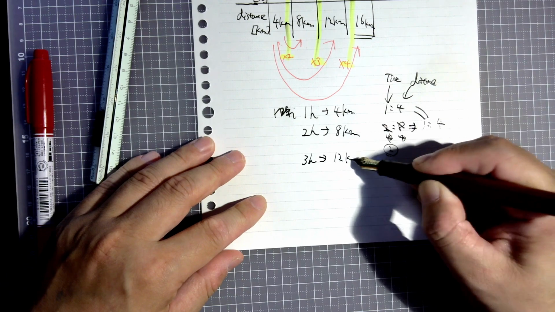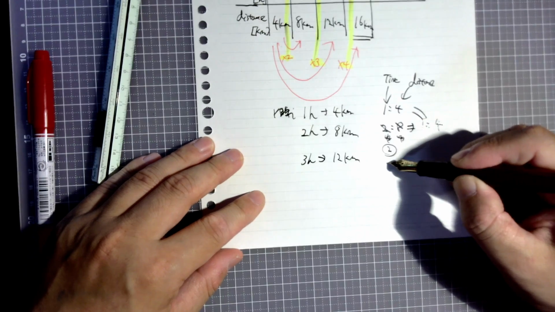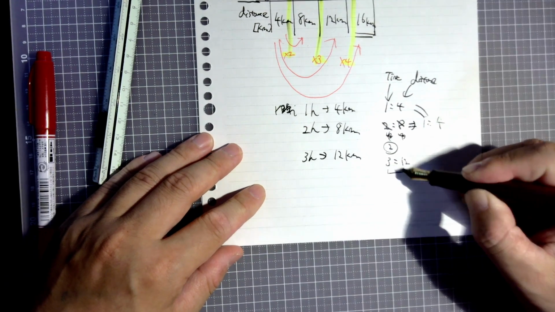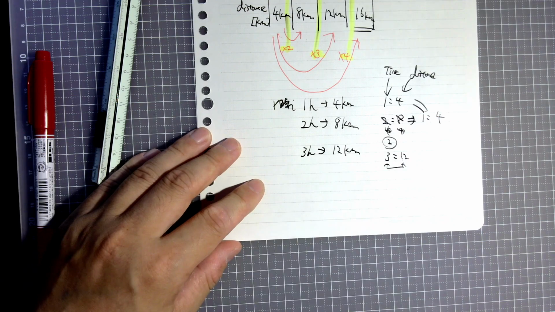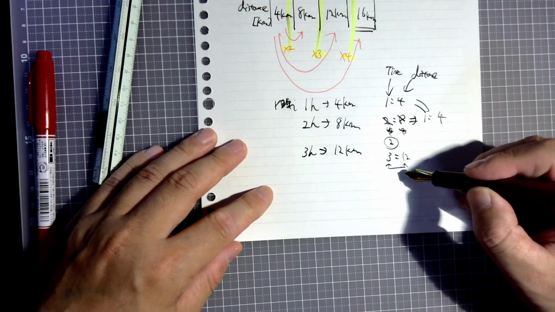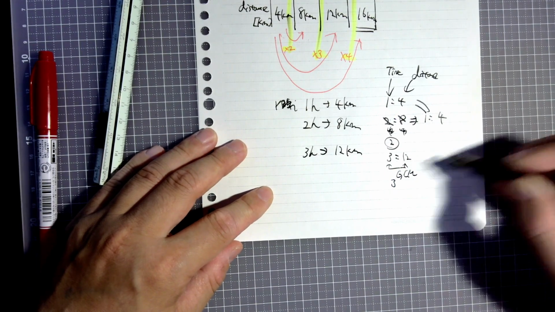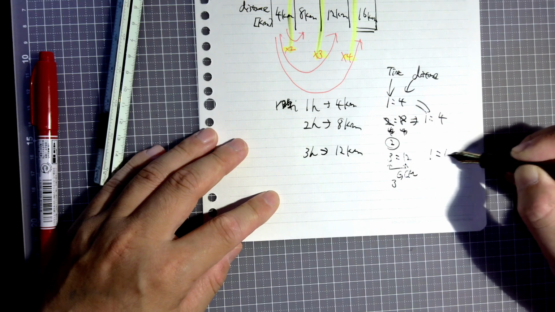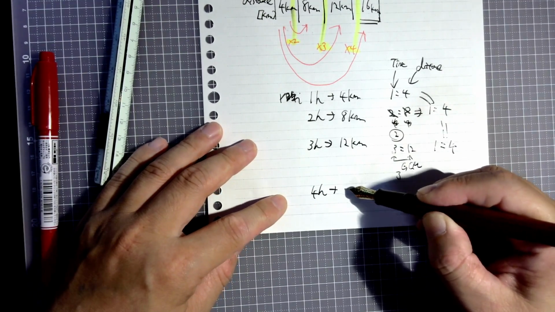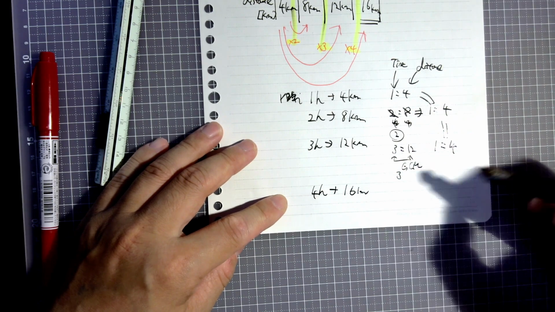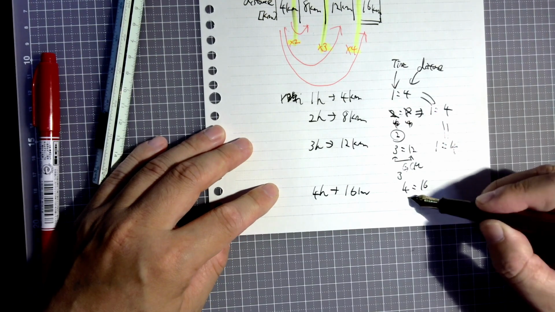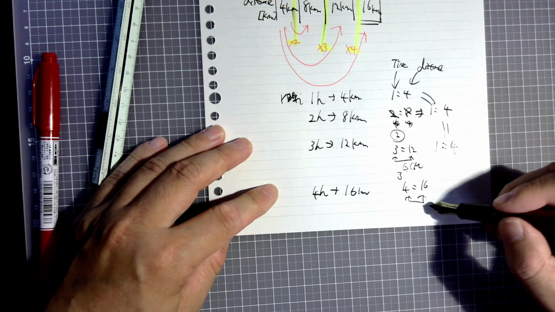Dividing by the greatest common divisor, 3, gives 1 to 4, the same. And for 16 kilometers, it is expressed as 4 to 16, and the greatest common divisor is 4, so 1 to 4. So the ratio never changes, as you can see.